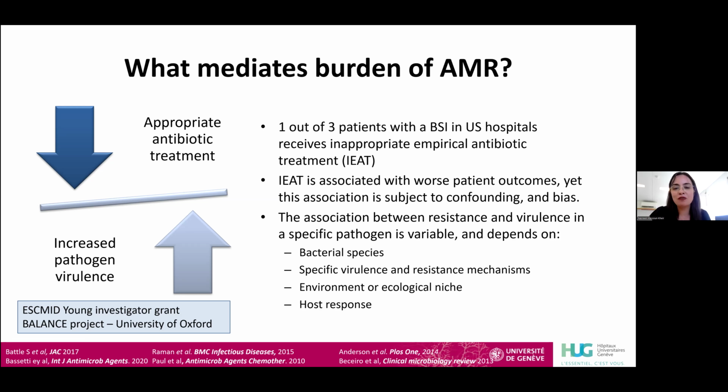Sometimes the combination of a specific virulence and resistance mechanism differs. The environment or the ecological niche where the infection is happening, the anatomical site, the antibiotic concentration, and the host response, all these factors also help in this interplay.